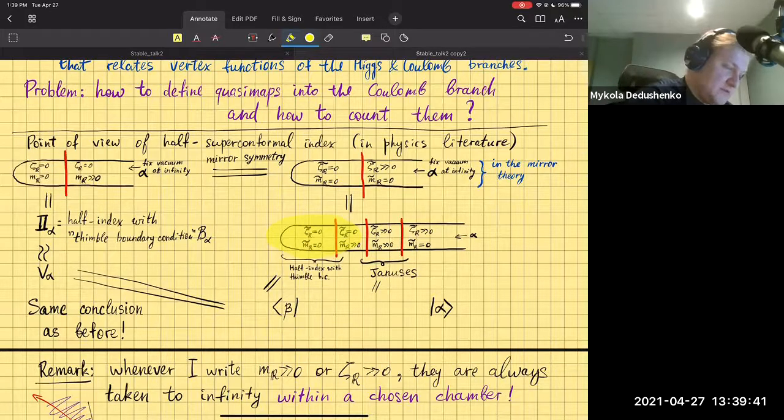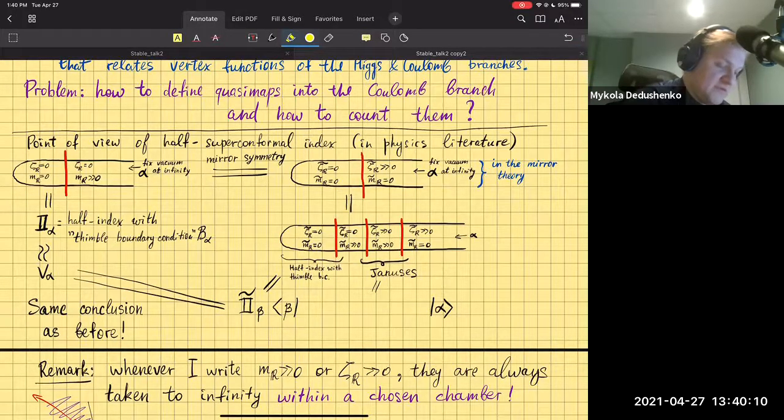So this part really computes the half index with a thimble boundary condition. So I can write this as the half index in the dual theory with a boundary condition labeled by beta. So beta is what vacuum we find here.